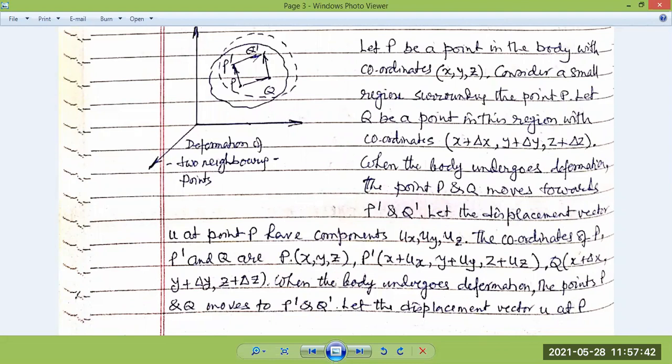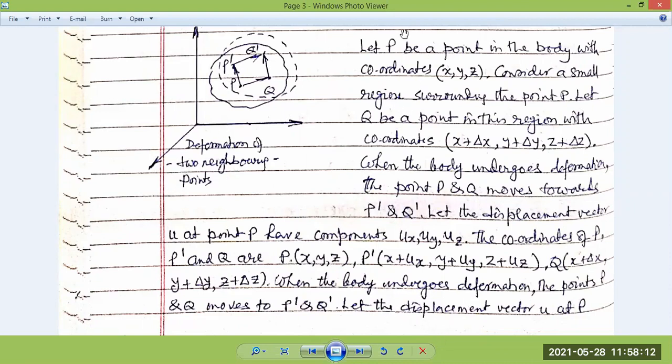At the same time, Q, as I've just discussed, is x plus delta x, y plus delta y, z plus delta z. When the body undergoes deformation, the points P and Q move to P dash and Q dash.